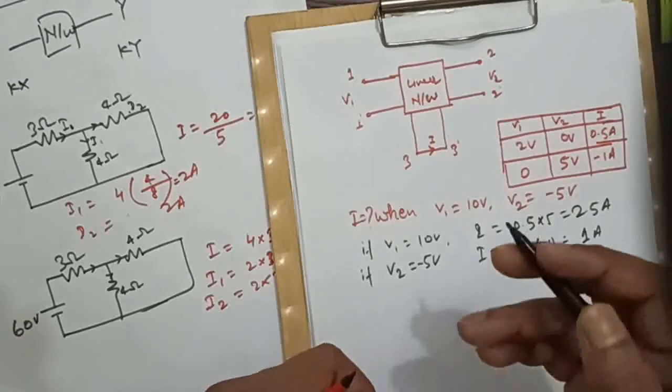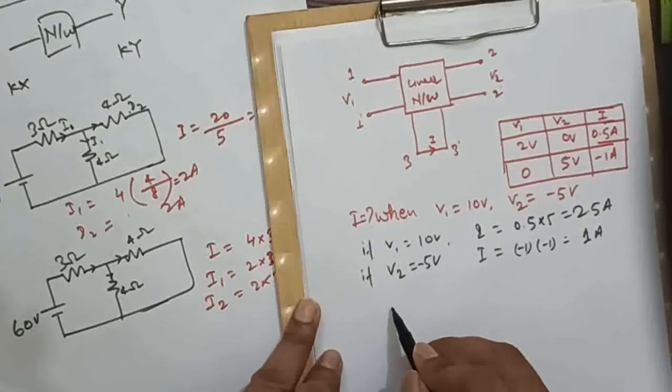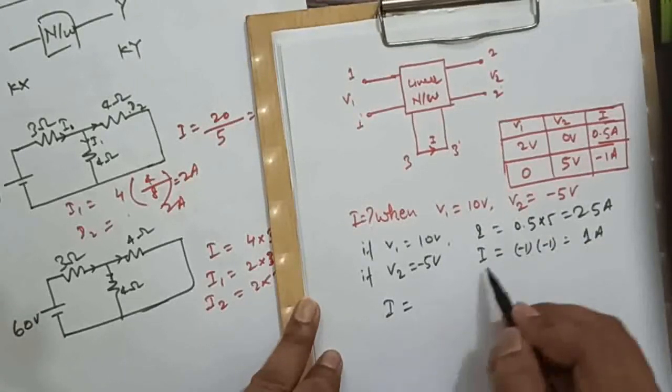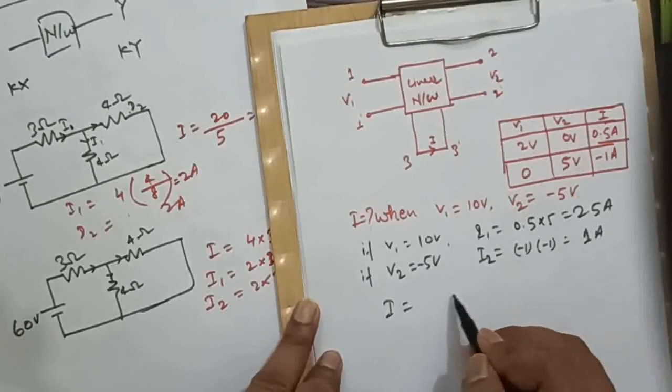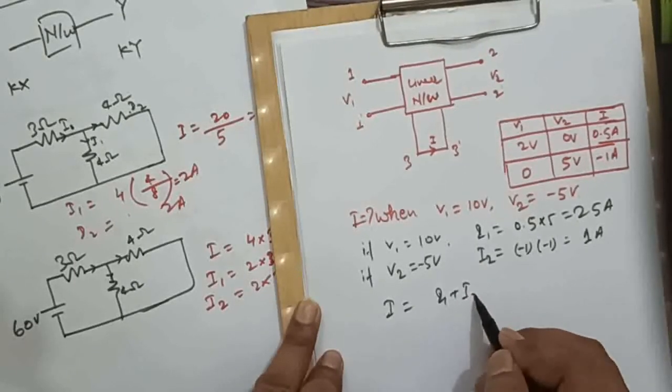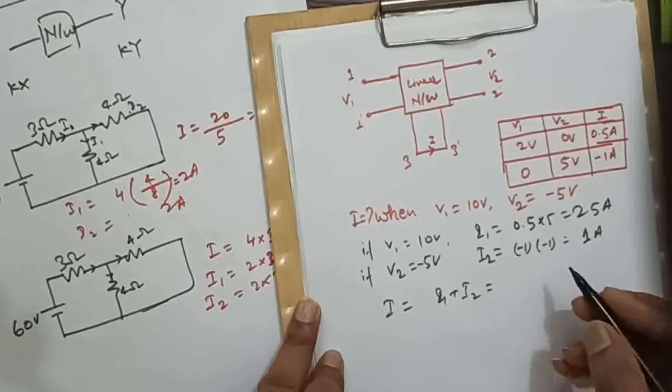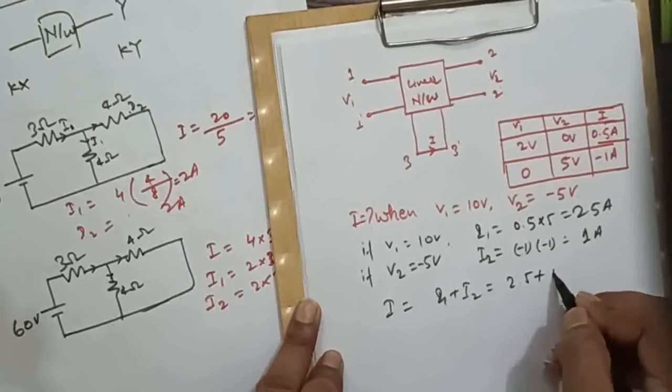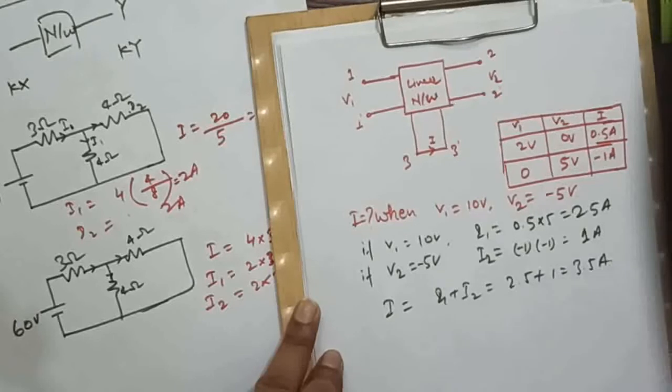Now using the superposition theorem, let us say this is I1 and I2. I1 plus I2 will be the net resultant current, that is 2.5 plus 1, 3.5 ampere. This was an example to demonstrate the principle of homogeneity as well as the superposition theorem. Both are applied here in this problem.